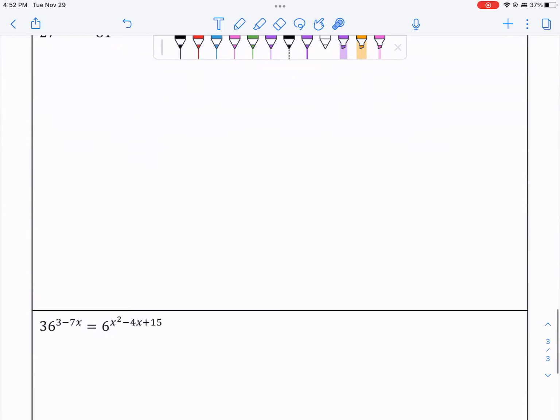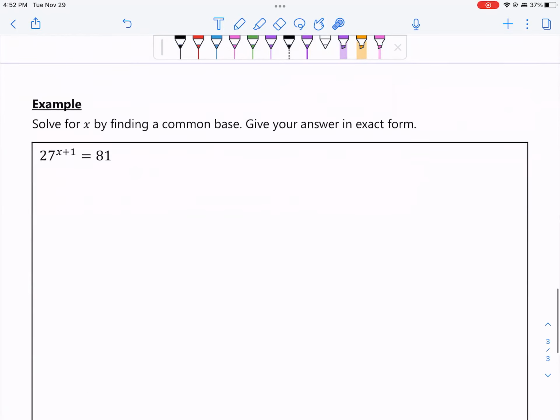Let's do two more problems. All right, we have 27 raised to the x plus 1 is equal to 81. These are both powers of 3. 27 is 3 cubed raised to the x plus 1.